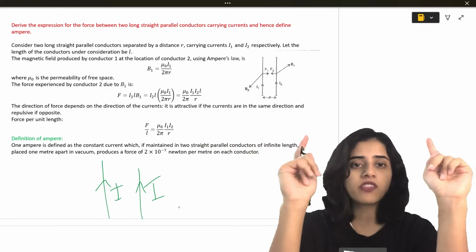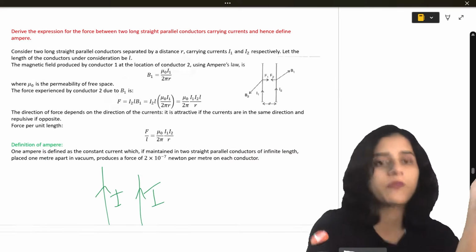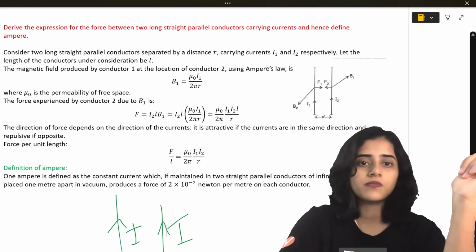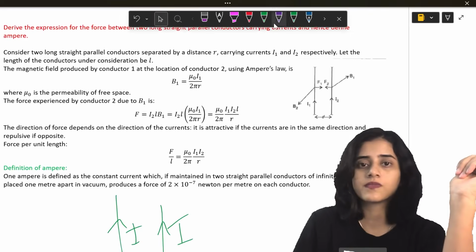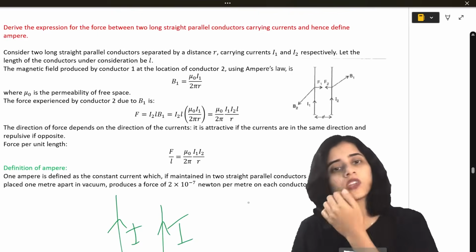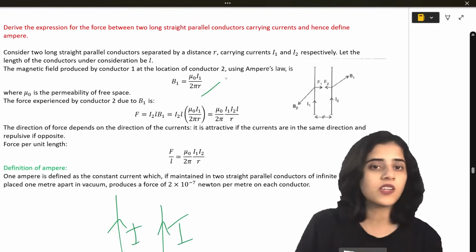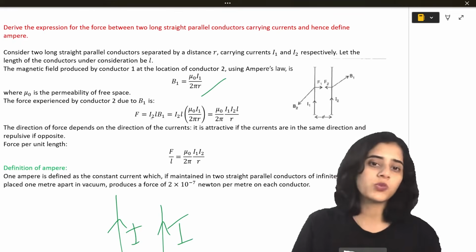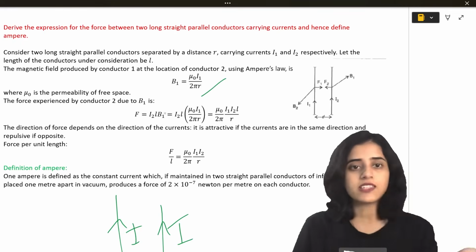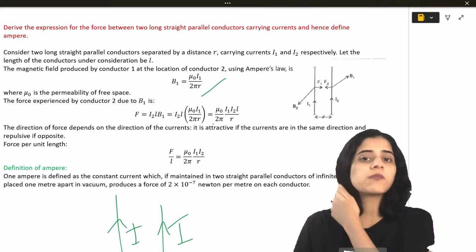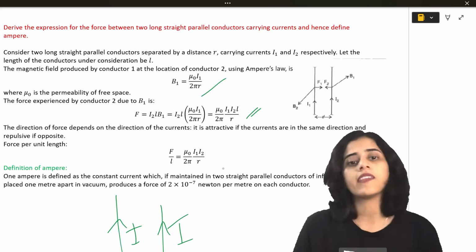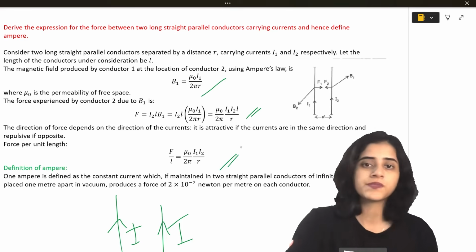Since they have magnetic fields around them, they will have a force as well. The magnetic field is given by B is equal to mu 0 I by 2 pi r. Force is what? ILB, the formula that we just learned. Instead of B, I'll substitute mu 0 I by 2 pi r, and then I'll get the answer.